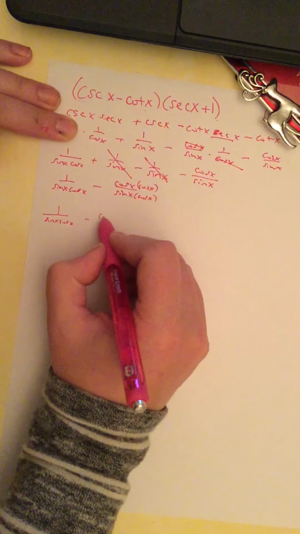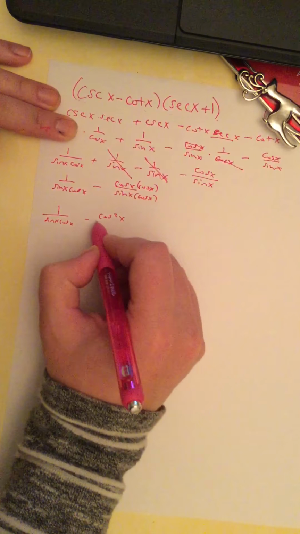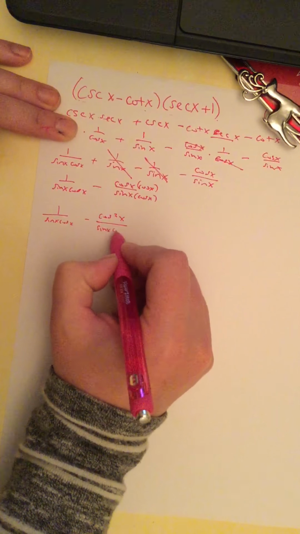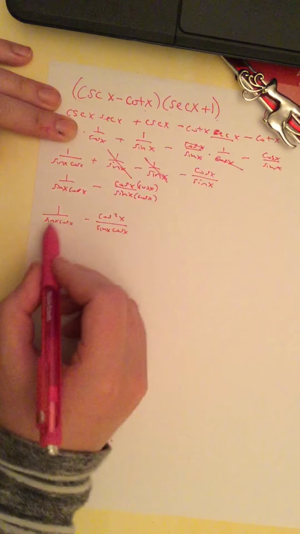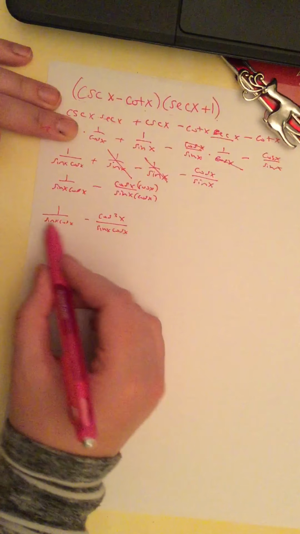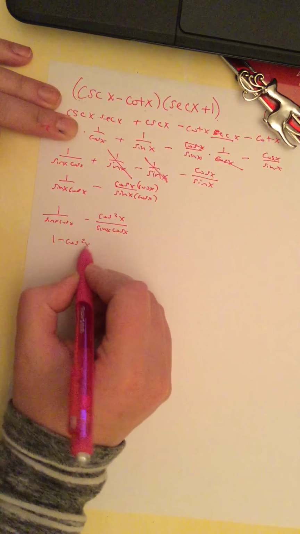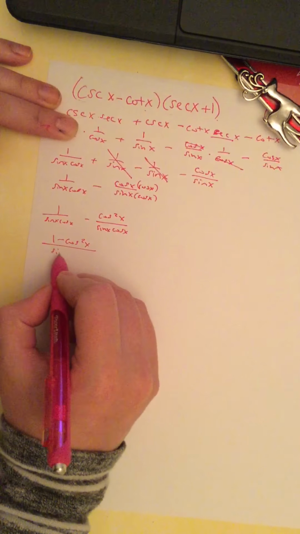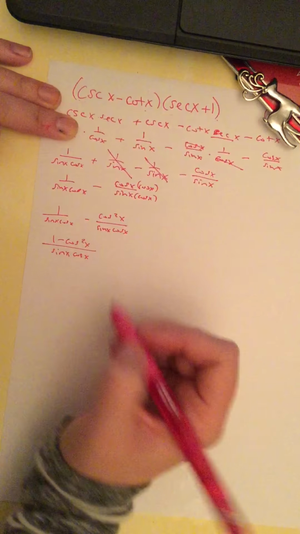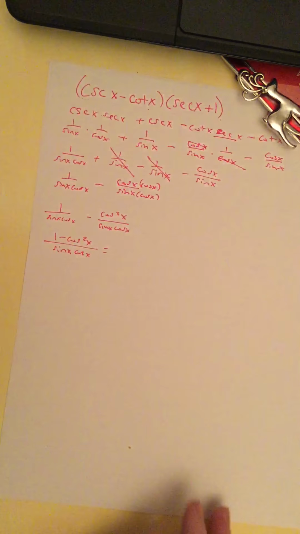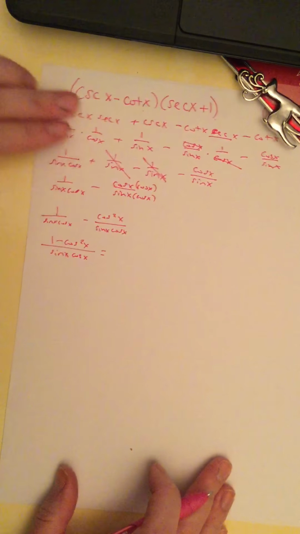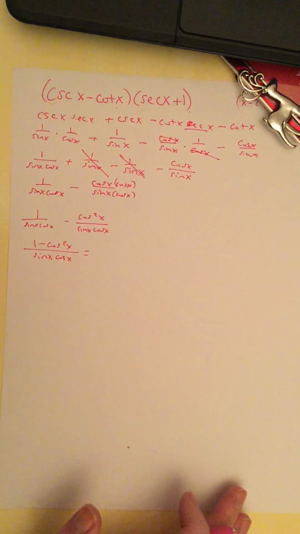Then cosine times cosine is that cosine squared of x all over sine cosine. Well, now we have this common denominator. This all reduces down to 1 minus cosine squared of x over sine cosine. All right, hoping you're starting to see the patterns here, y'all. So what is 1 minus cosine squared of x?